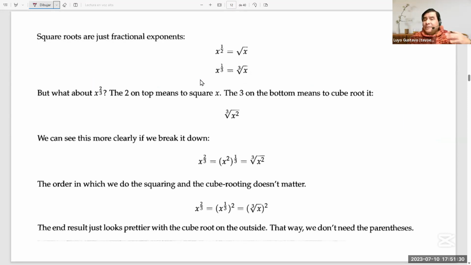Let's now understand and interpret fractional exponents. How do you interpret this? X up to A over B. Okay, the best way to interpret this is always as a root of a power.